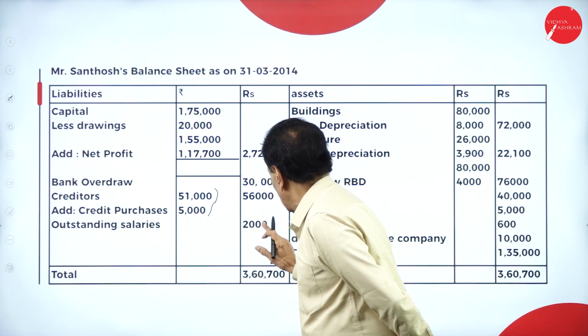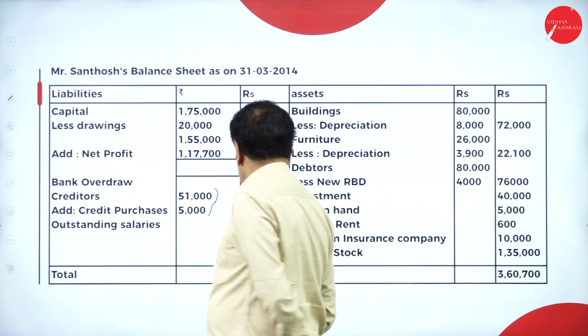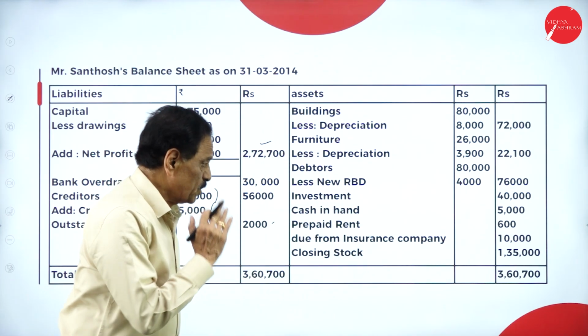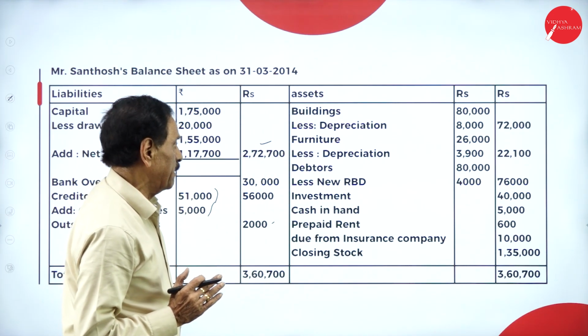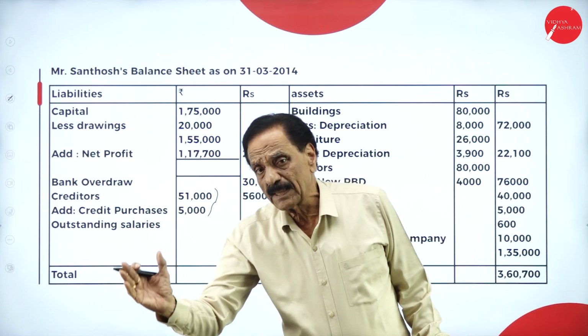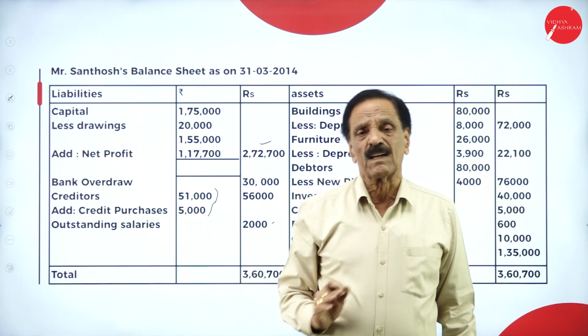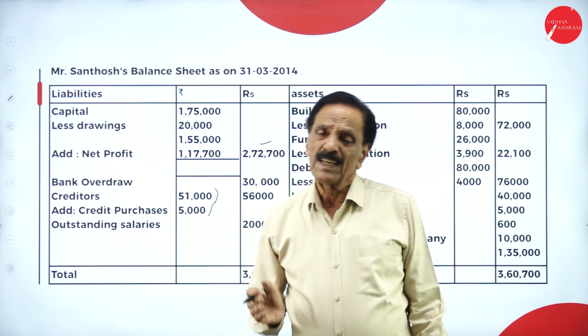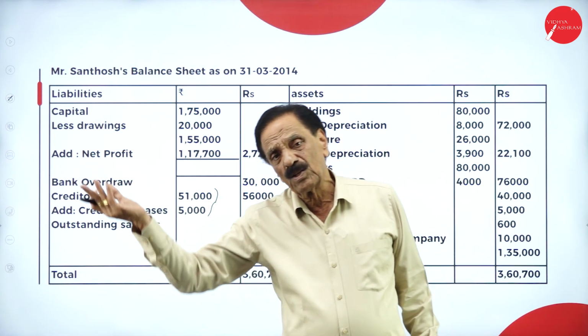Then outstanding salary 2,000, so it will tally for 3,60,700. So regarding the stock destroyed, the total is 13,000. How much recovered? 10,000. How much could not be recovered? That 3,000 is a loss on stock.